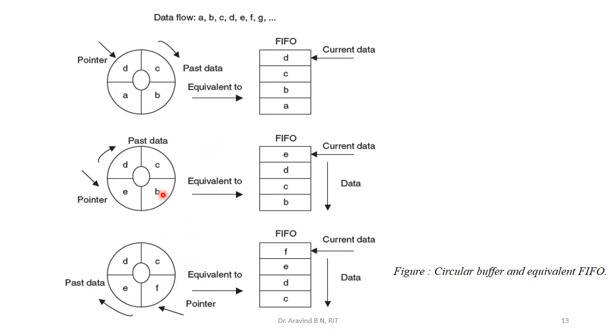In place of B it will be loaded with F, to which the pointer is pointing. So it's an equivalent realization. This is a circular buffer which will keep replacing the old data, and the pointer will keep pointing to the newest data. So this is a circular buffer operation, and its equivalent is a first in first out queue.